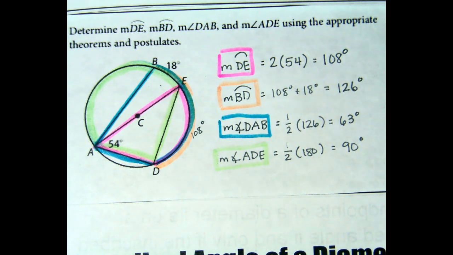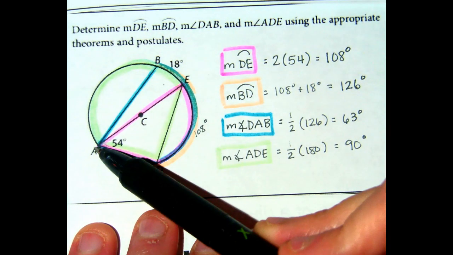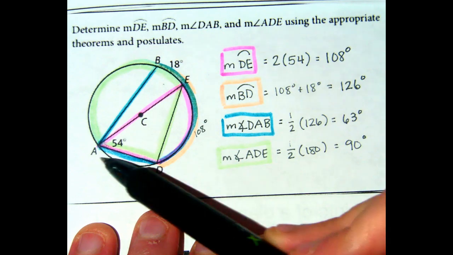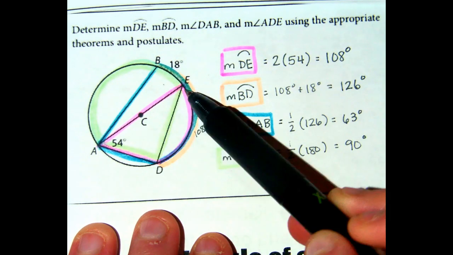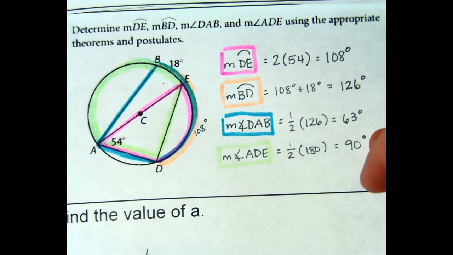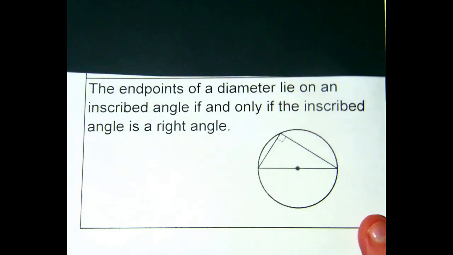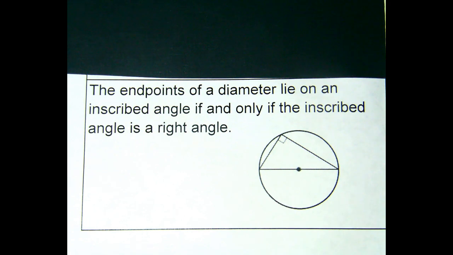Alright, last we've got the inscribed angle of a diameter theorem. We actually just figured out that theorem in this last step here. This was an inscribed angle with a diameter. What was its measure? That's the theorem. So let's look at that. The endpoints of a diameter lie on an inscribed angle if and only if the inscribed angle is a right angle. So that's what we just figured out.